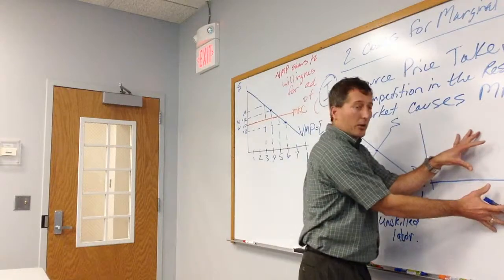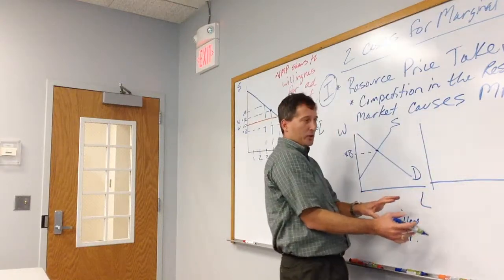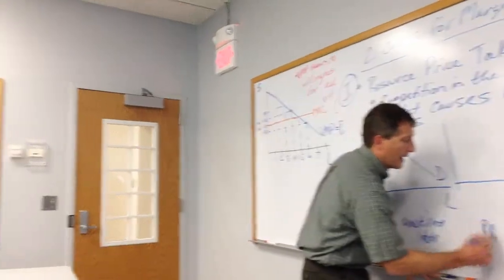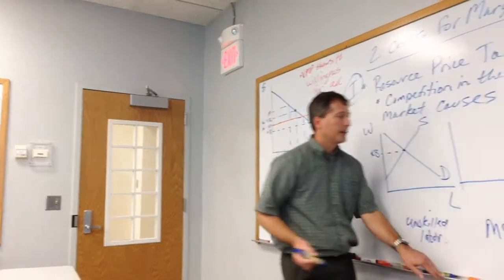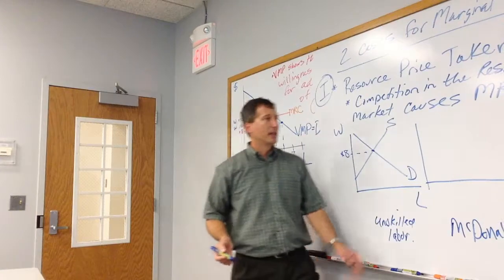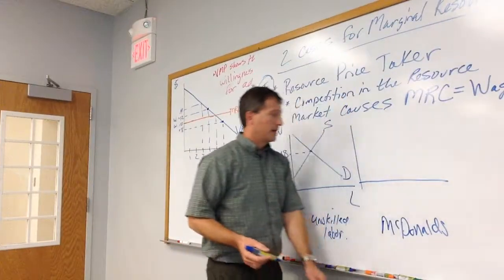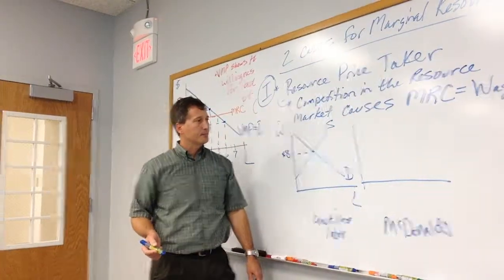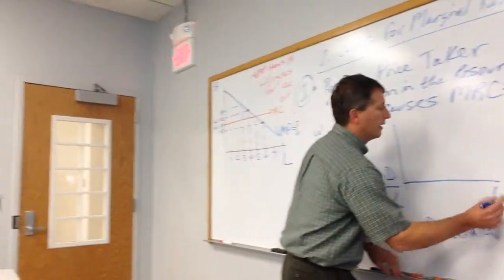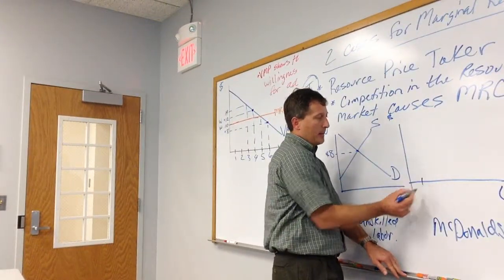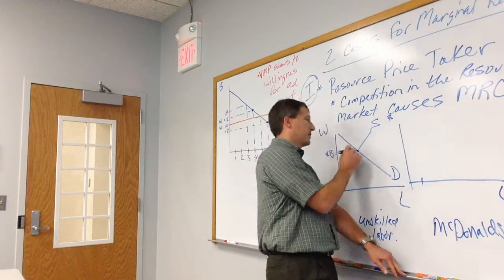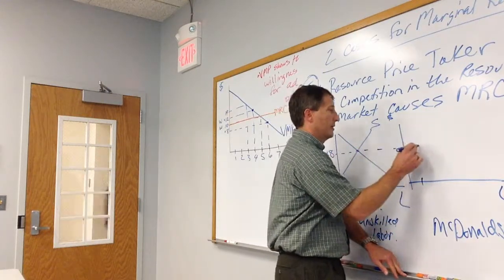Our company over here, being a resource price taker, if this is actually now McDonald's, a particular company, or maybe it's Pizza Village, would be a better thing to do. Think more locally. If they want to hire 3 people, what do they have to pay per person? $8.